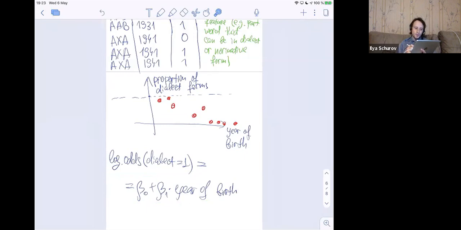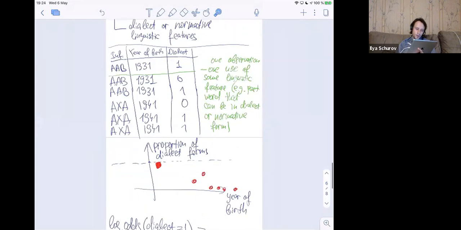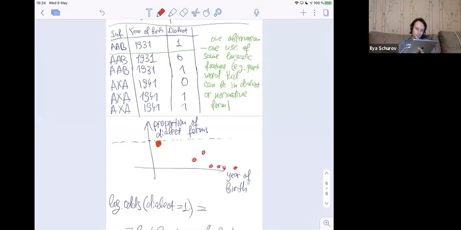For example, assume that we have a lot of usage of this feature here, and we have some point here which is close to this one, and we have some point here. So something like this.